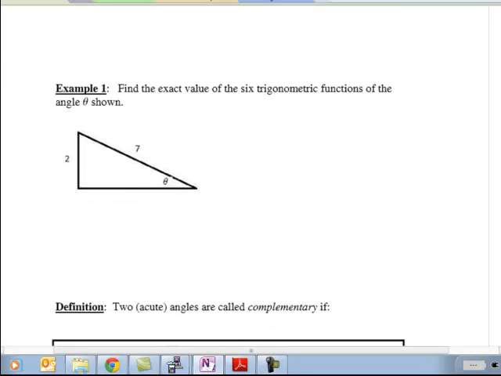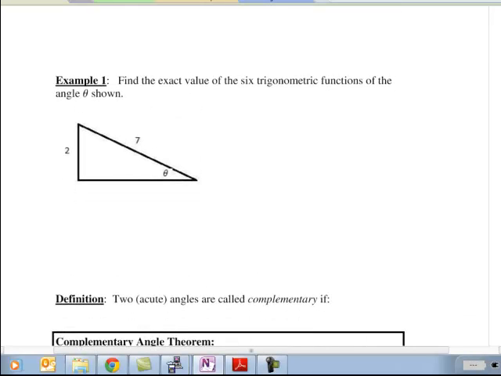So now, if we have a triangle that looks like this, a right triangle, we want to find the 6 trig functions of the angle shown. So we say, well, sine of theta is going to be the opposite over the hypotenuse. Cosine of theta is going to be the adjacent over the hypotenuse.